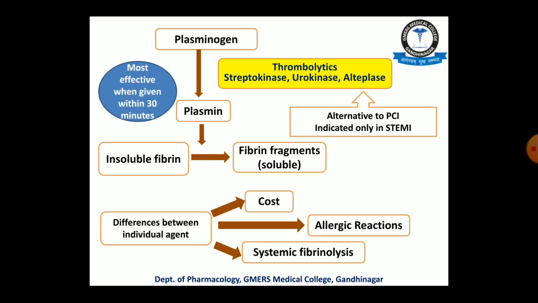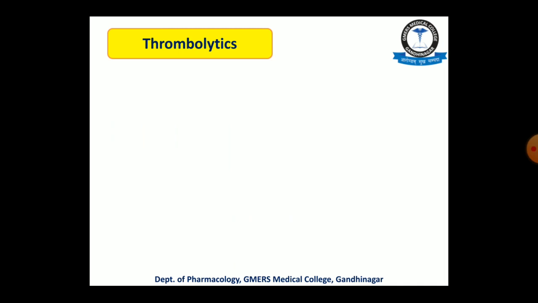And that's why, if the facility is available, then definitely percutaneous coronary intervention with stent placement is considered to be the preferred treatment option over thrombolytics. But if this facility is not available, then definitely thrombolytics are considered to be the next alternative.